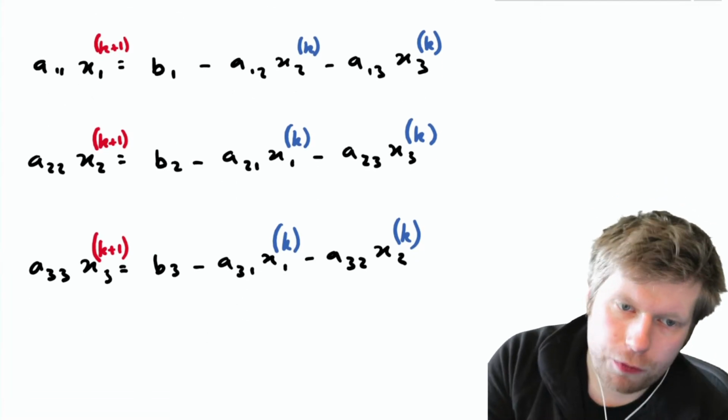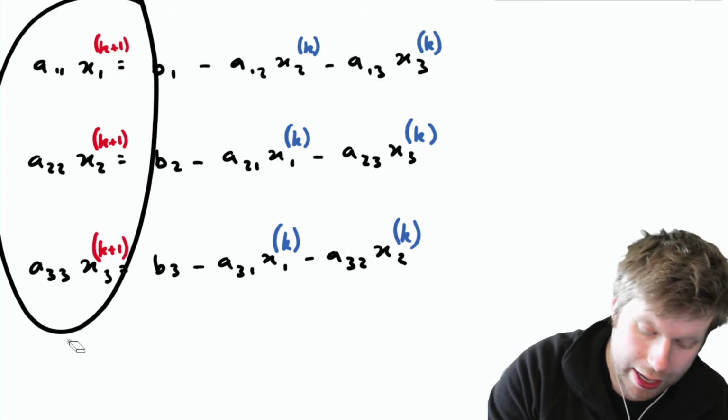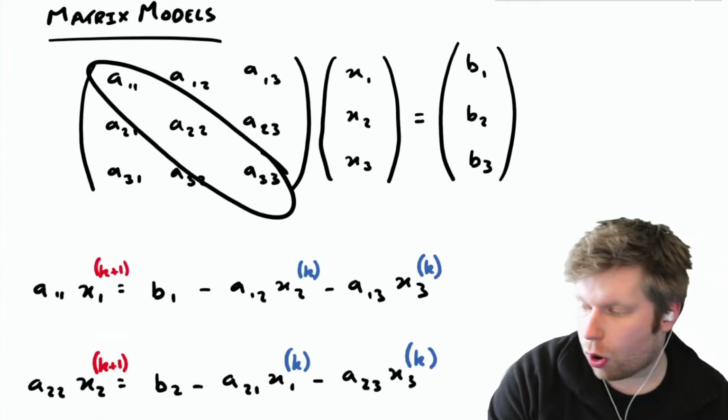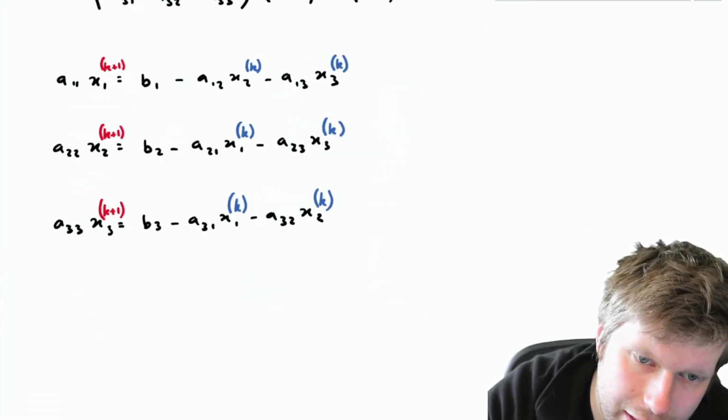Okay, so hopefully you can see that all of the numbers on the left-hand side, the a11, a22 and a33, are all the numbers which appear on the diagonal of this matrix. So in other words, I could represent the left-hand side as the matrix with a11, a22, a33. All of the other elements can be 0 because I don't care about those elements.